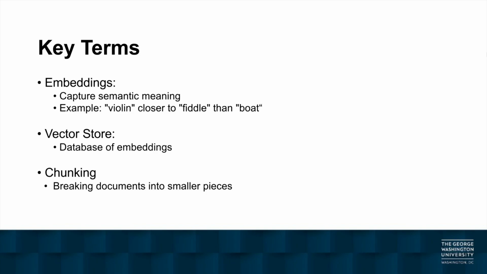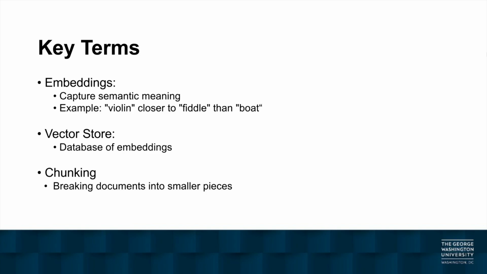So let me break down some technical terms you're going to hear. You've already heard some of these, but you'll hear them throughout the presentation. So first, embeddings. These are ways of converting text into numbers that capture meaning. For example, in our number representation, the word violin will be closer to fiddle than to boat because they mean similar things.